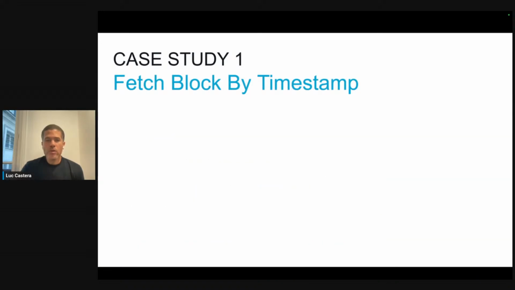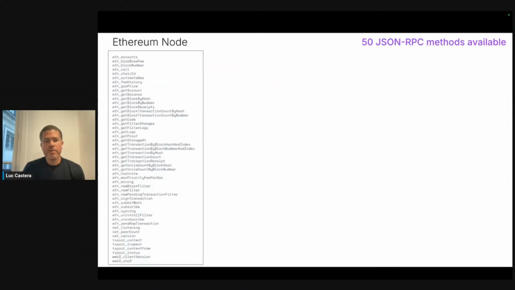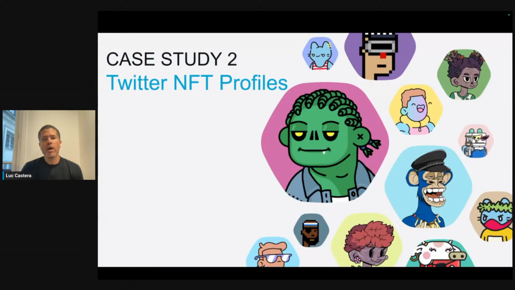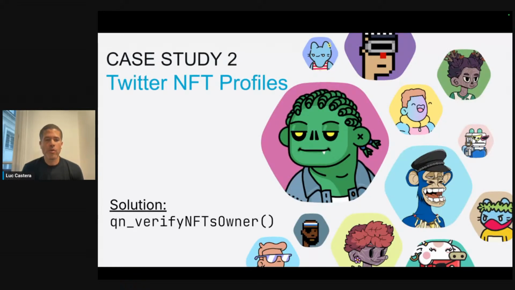And there's no way to do that using just these 50 methods that are default to the chain. So what we built for them was something called QN_verify NFT owner. With that method, they were able to verify it very easily. So it's another great case study of how additional RPC methods, higher level APIs on top of what's provided by the nodes, are very powerful.